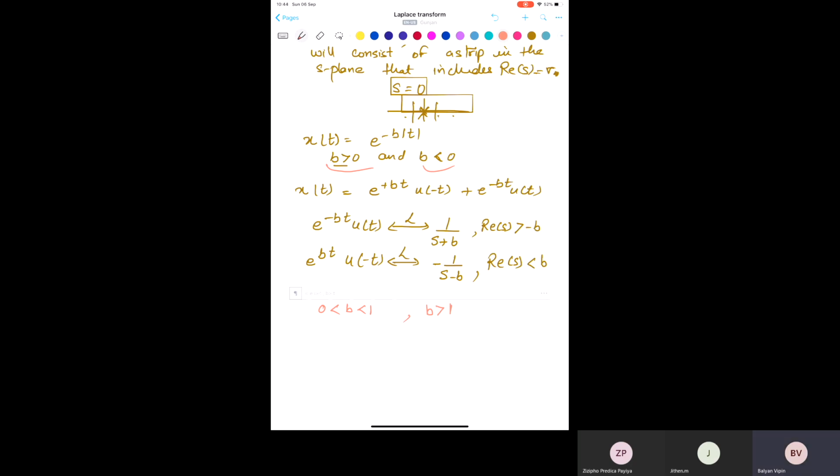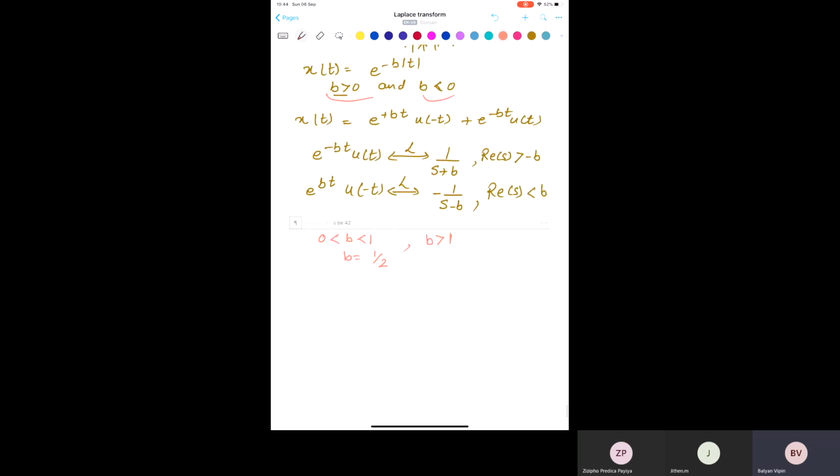So let's say suppose my b is, I'm just assuming it as 1 by 2 so that you can understand it more clearly. B is 1 by 2. So this part is basically your real s greater than minus 1 by 2, and this part is your real s less than 1 by 2.